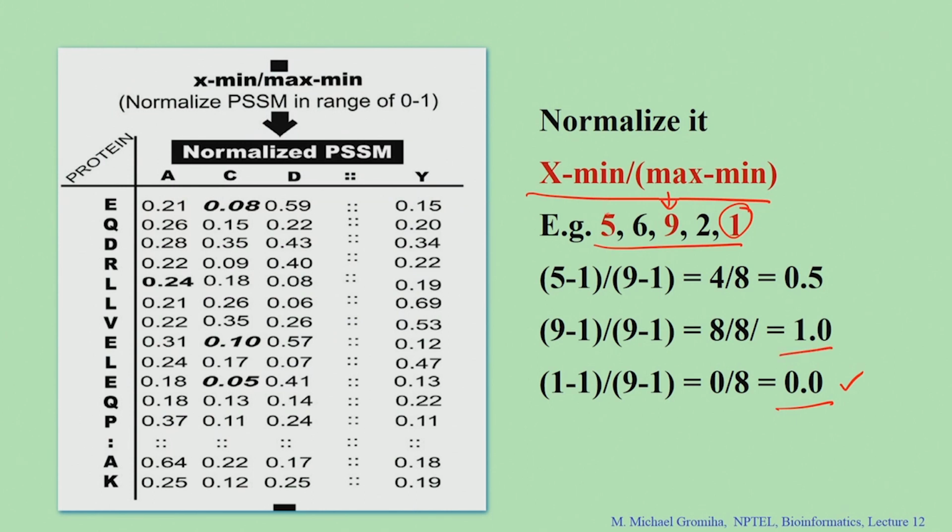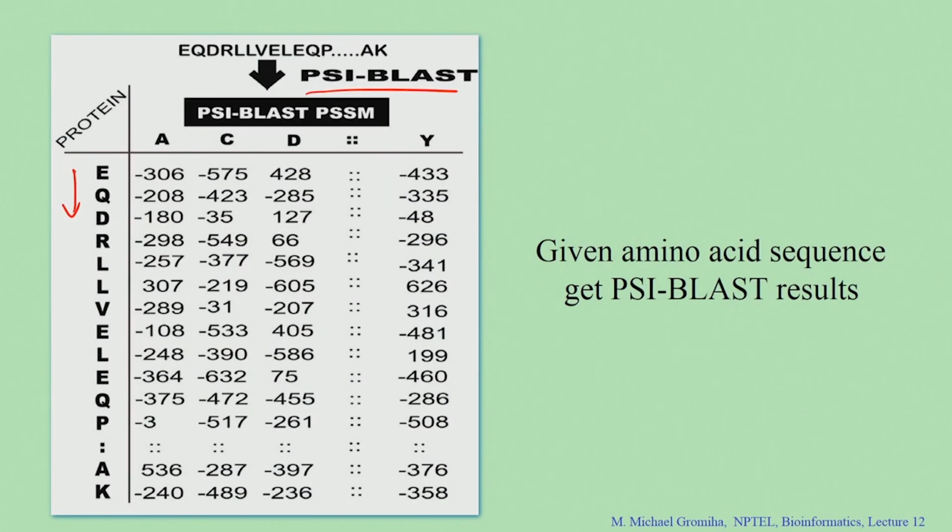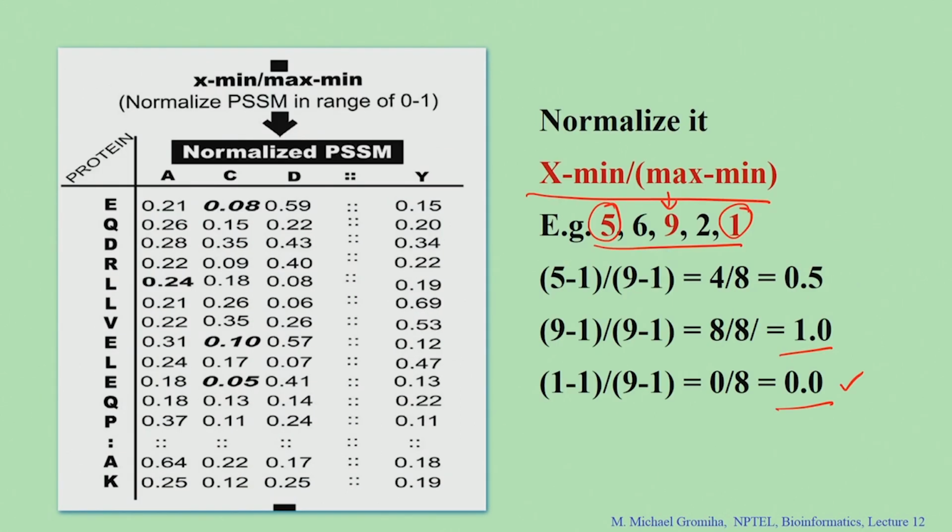Now if you take any other value, 5 or 6 or 2, what is the expected value? Between 0 and 1. We take this 5, so we get 5 minus 1 divided by 9 minus 1, which is 4 by 8, equal to 0.5. That is fine, so we can use this equation to normalize. Now if you see these numbers, very high numbers, they are normalized between 0 and 1.